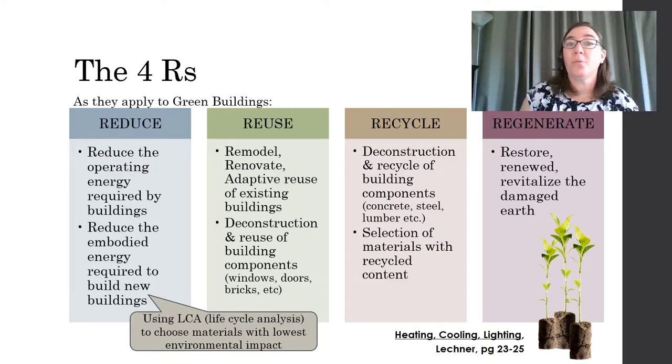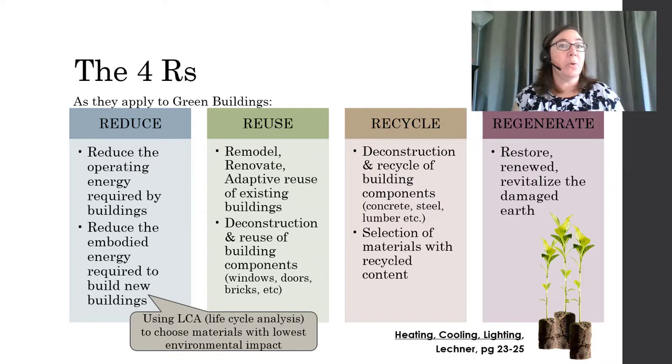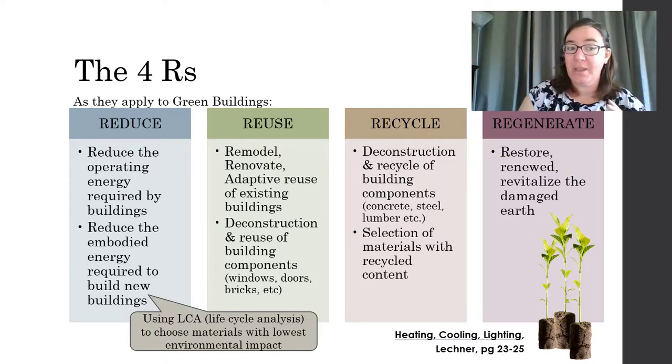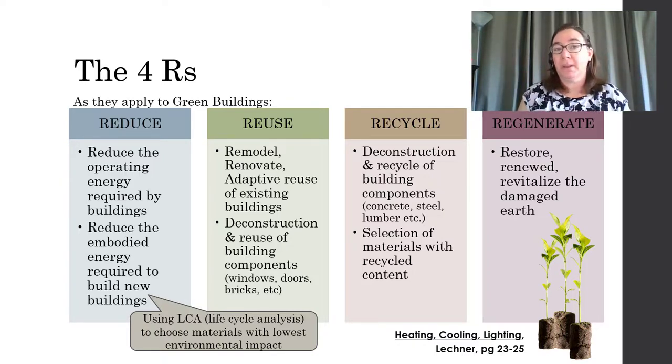Let's start with reduce. One important priority, in fact, probably at the top of the list, is to reduce the operating energy required by buildings and to reduce the embodied energy required to build new buildings. You also want to reuse.